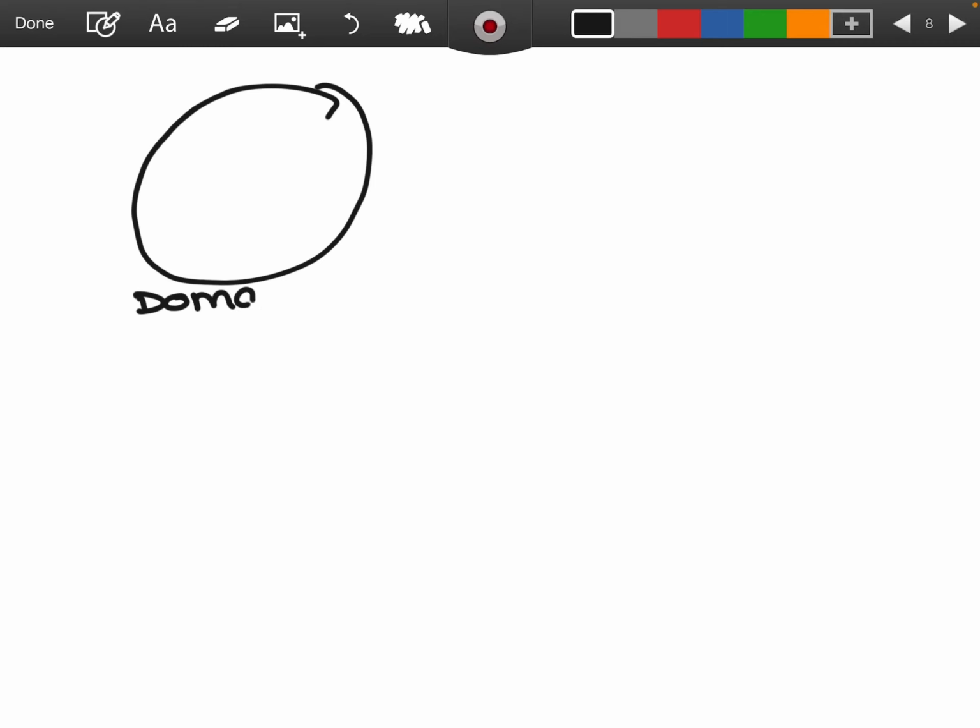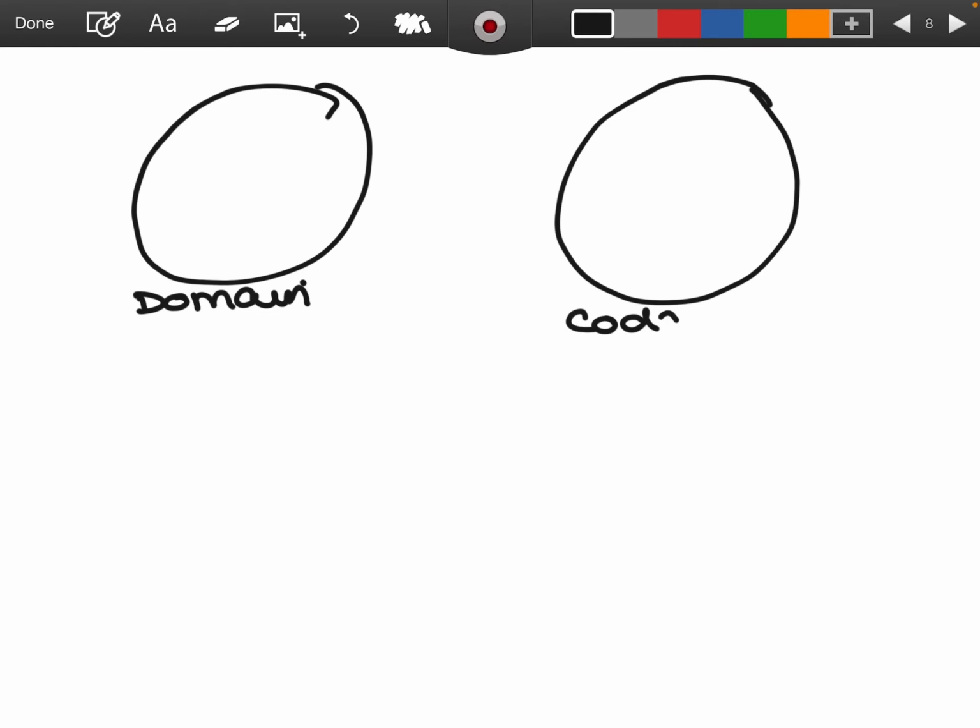When we first looked at functions, I said to you that you had this set that we now know is called our domain, and you have another set that is your codomain, and your function f maps from your domain to your codomain. So your function f takes values x from your domain and it maps them into something that's in the codomain. So the codomain is just all possible values that f could map to.